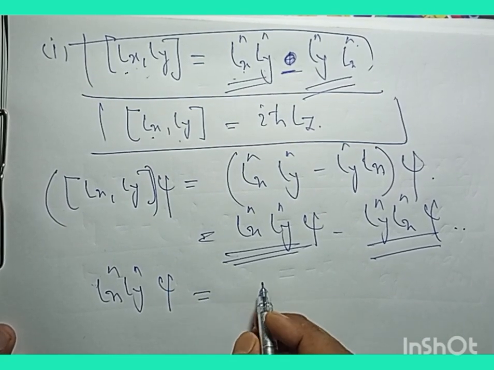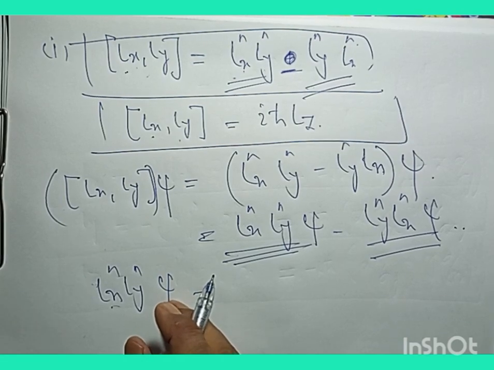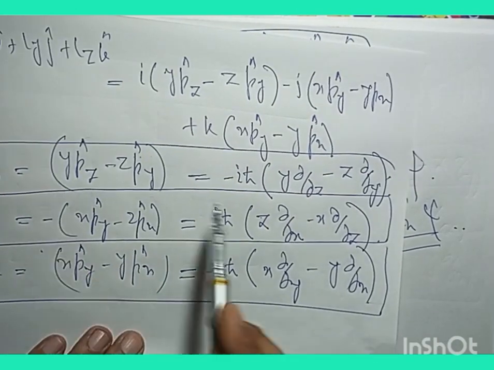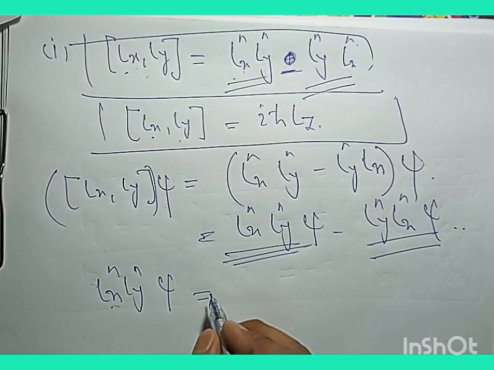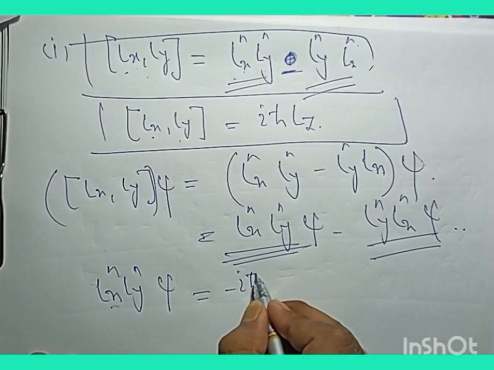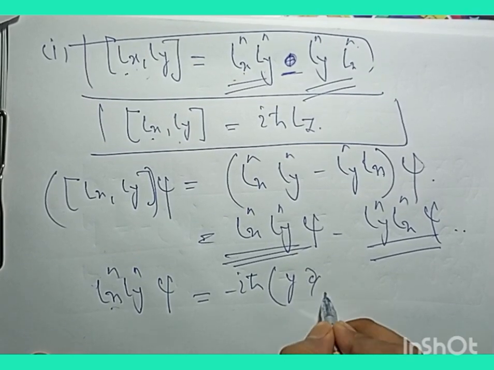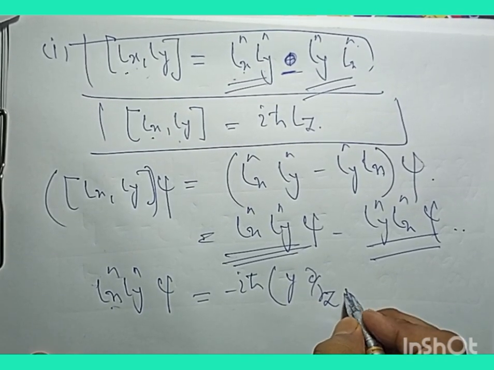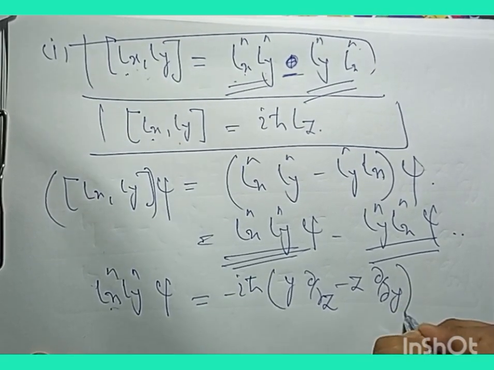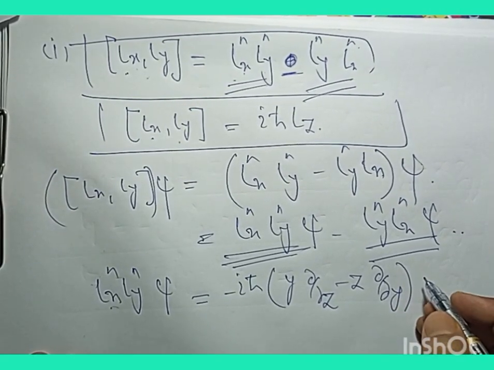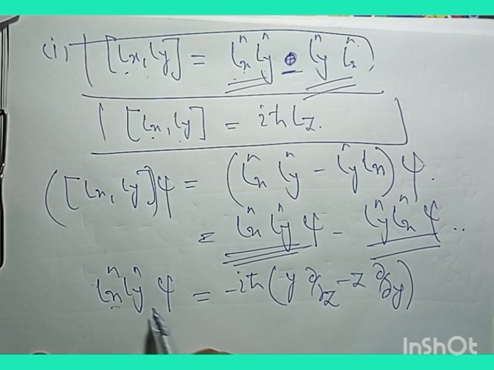So for Lx Ly psi, we have already evaluated Lx and Ly. We can write this as minus iħ times (y ∂/∂z minus z ∂/∂y) times Ly.